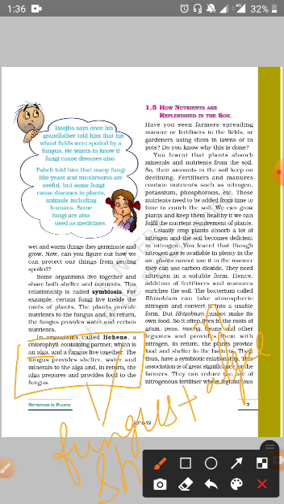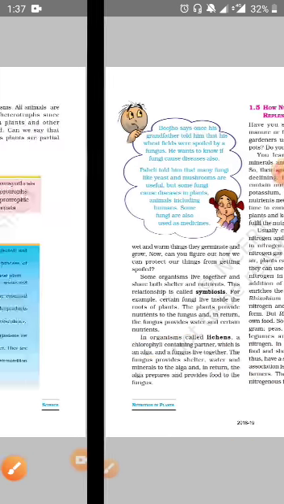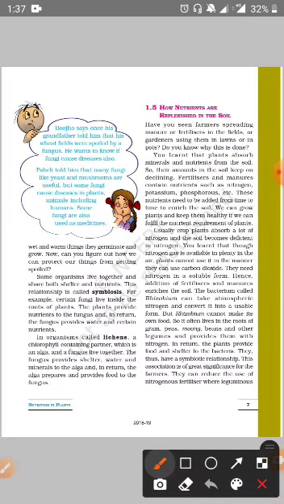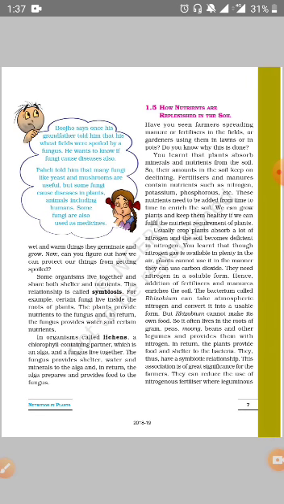So algae provide nutrient or food to fungus, and fungus provide shelter to algae. So these are the two examples of symbiosis relationship. First is fungus and plant, and second is algae and fungus. So these are both important.